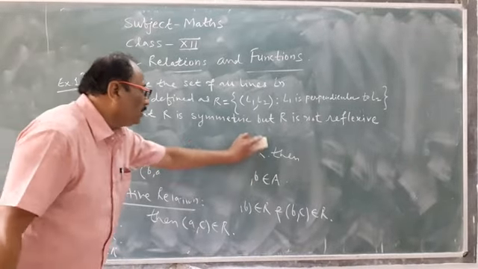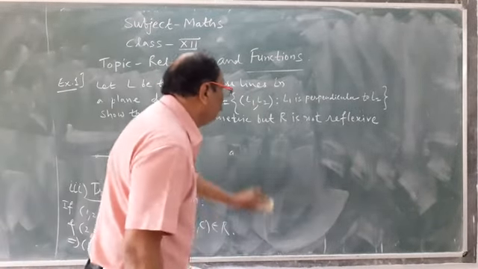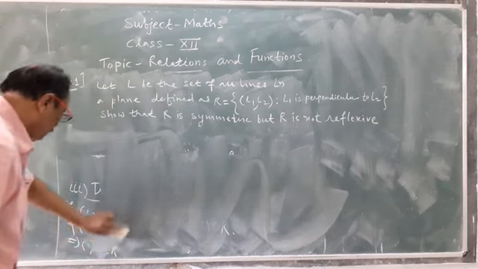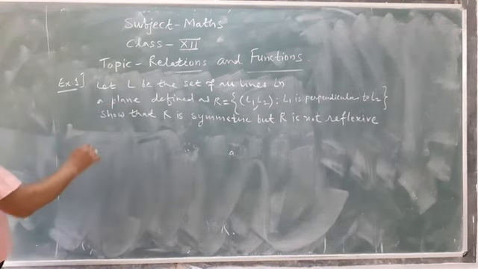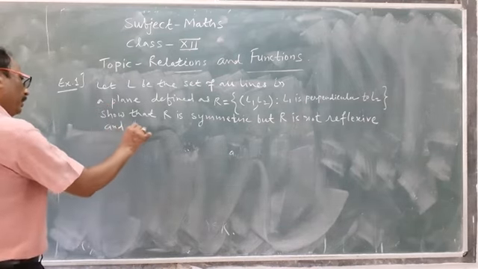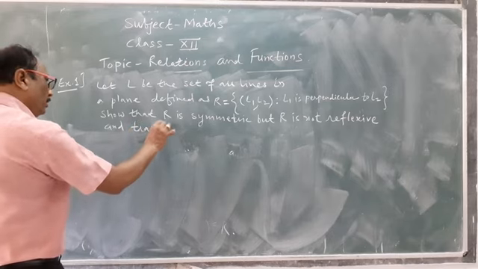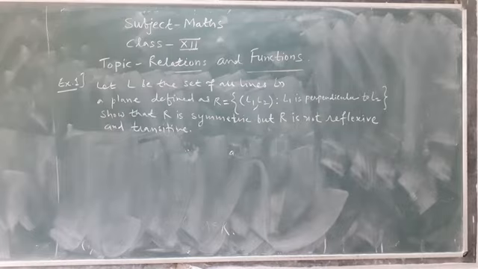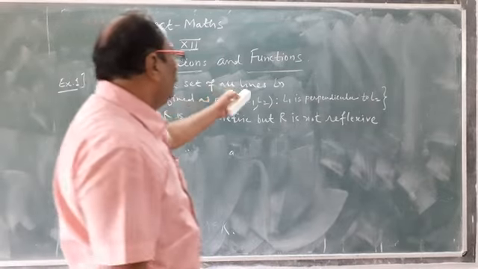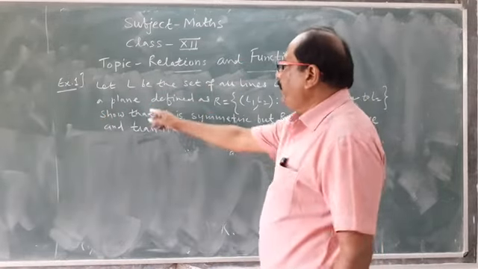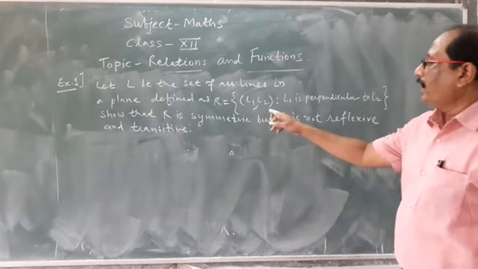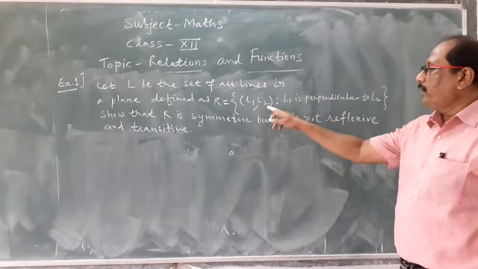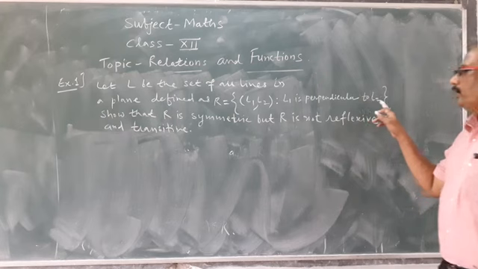R is not reflexive and not transitive. This is the problem. Let L be the set of all lines in a plane such that R = {(L1, L2) : L1 is perpendicular to L2}.